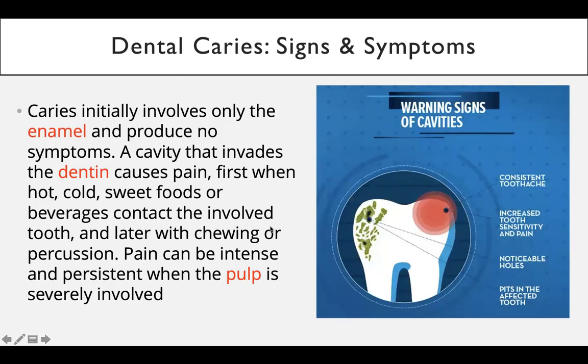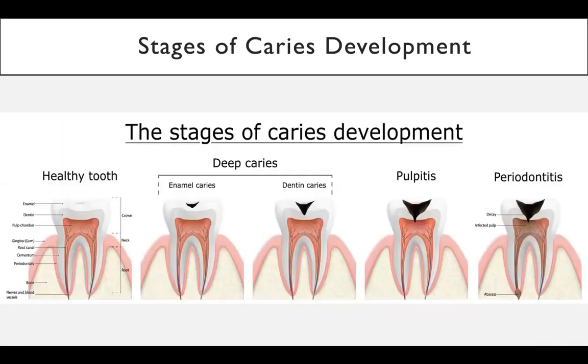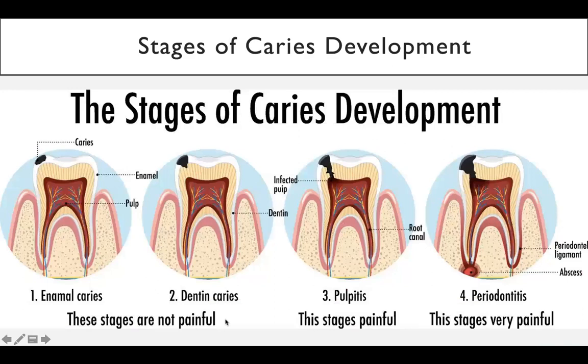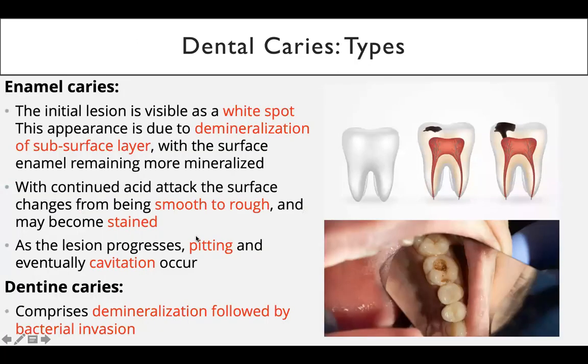So if you say that dental caries is not painful, it is not totally true, right? Because dentin has these dentinal tubules. Dentinal tubules have fluid, and what is submerged in the fluid? That is the nerve ending from the pulp. So this is not totally true.